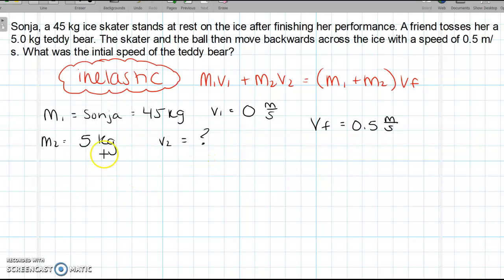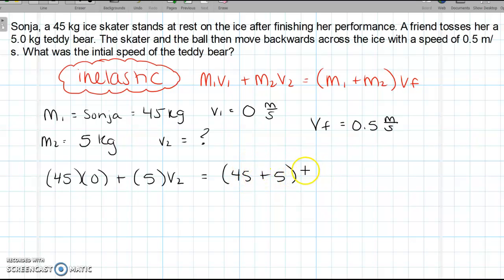All right, so let's plug in what we know and solve for what we don't. So 45 times 0 plus 5 times v2. Again, that's what we're solving for. Plus 45 plus 5, just adding the masses here, times 0.5 meters per second, which was the final velocity for our momentum total final.